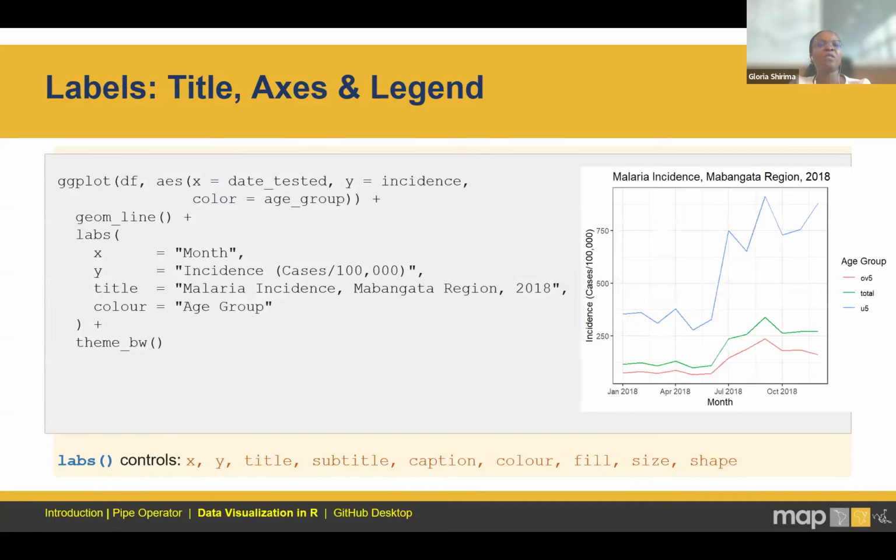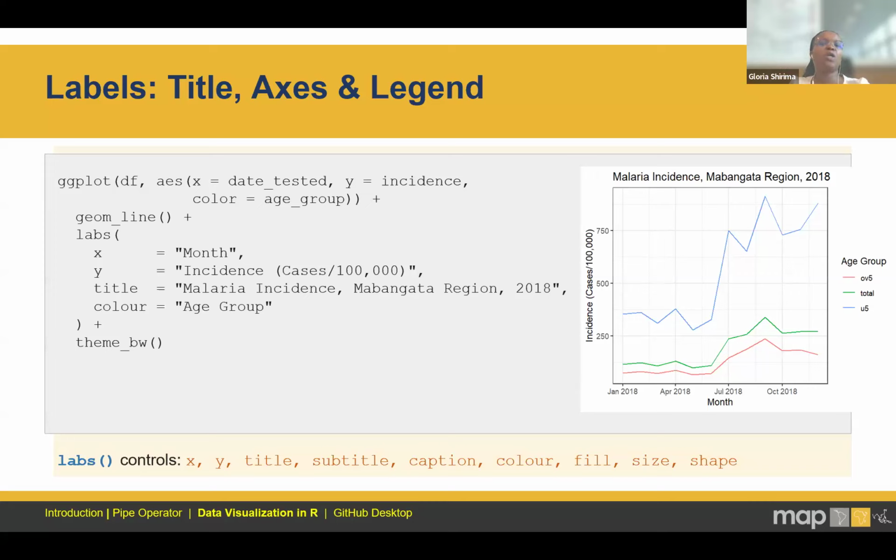Another thing is we see that when we just write your X and your Y, it doesn't really give you the information of what your X is and what your Y is, because we had date tested as our X axis label. But what is the tested? It really doesn't give good information. So we can always change labels in our graph, and that's another layer that we're adding.